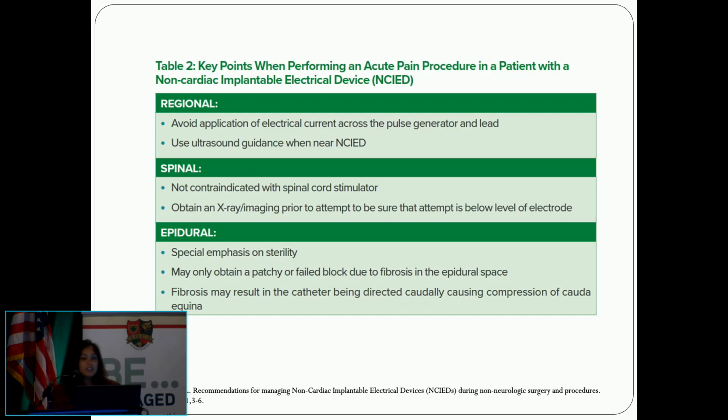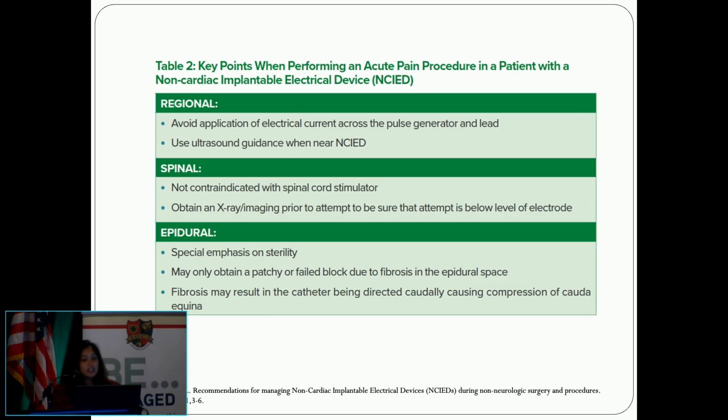Regional and neuraxial anesthesia can pose challenges in patients with these devices. Any upper extremity block in a patient with a DBS or cranial nerve stimulator should be performed under direct visualization with ultrasound or fluoroscopy. The use of peripheral nerve stimulation to identify the location of the brachial plexus should be avoided as well.